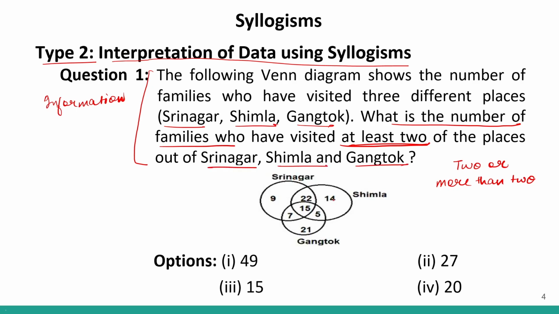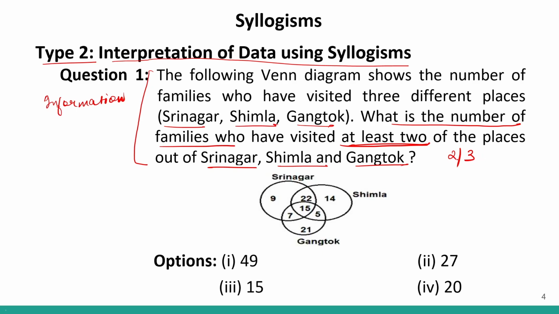So basically we have to find families who have visited Srinagar and Shimla, Srinagar and Gangtok, Gangtok and Shimla, or all 3 places. Since there are a total of 3 places, at least 2 means either 2 or 3 places, so we have to find the sum of the number of families who have visited 2 or 3 places.